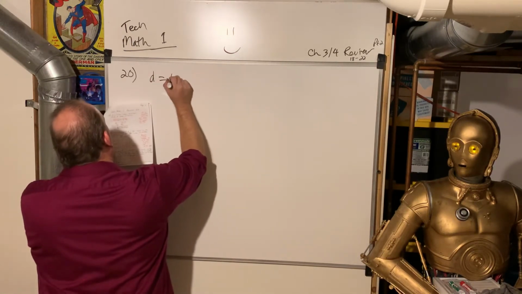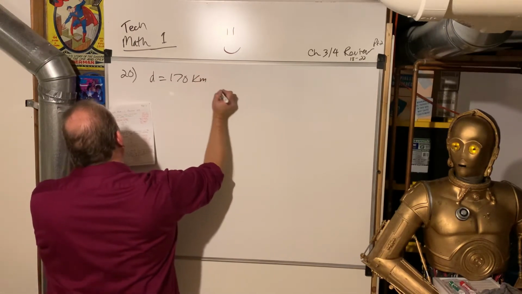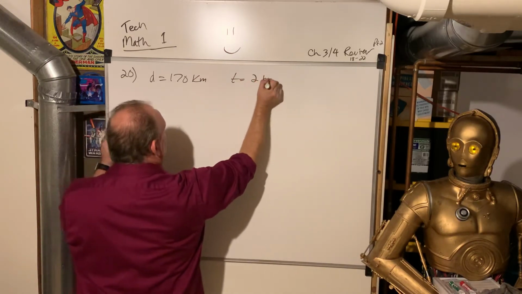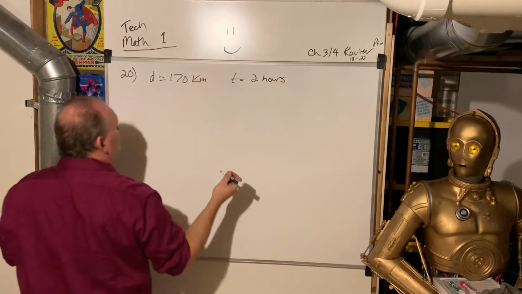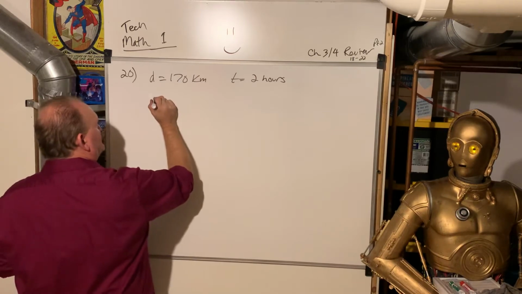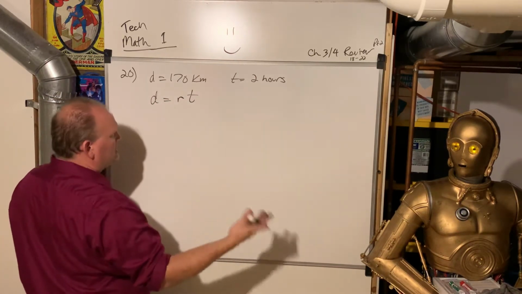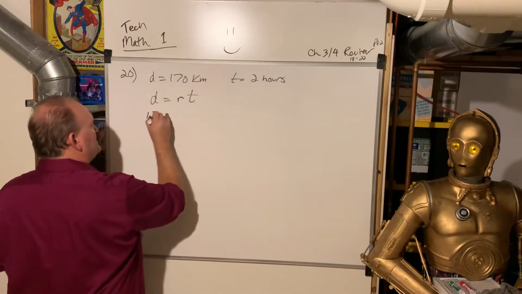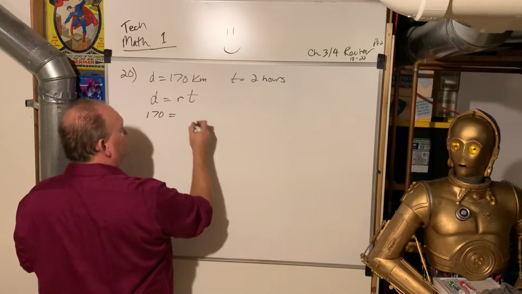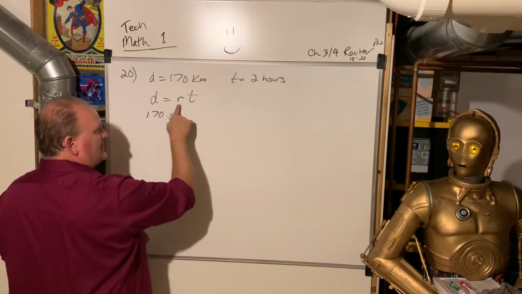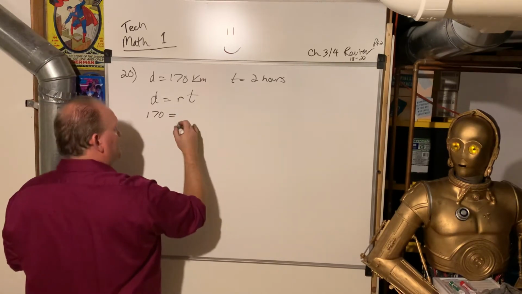D is equal to 170, so that's the distance. T is equal to 2 hours. That's the time. So we said distance equals rate times time, and so it's like a varies directly problem. So 170 is equal to R, which we don't know, that's going to be our constant, times 2.